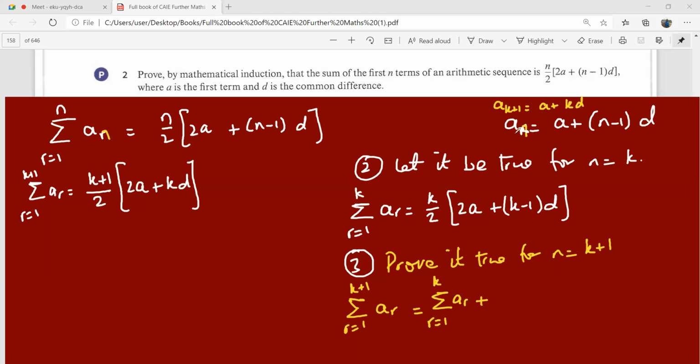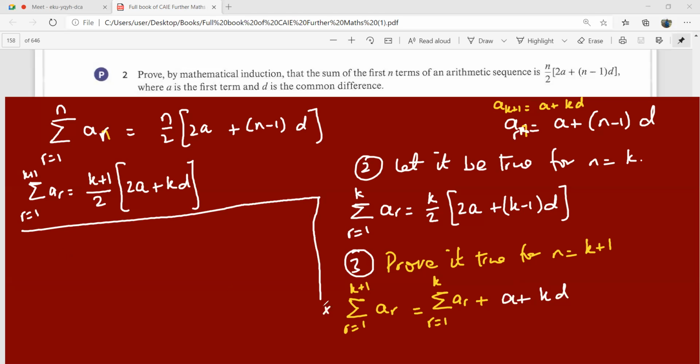Otherwise, I think it is good enough. So I'll be writing here a plus kd. This is the sum up to k terms, and this is the k plus 1th term. Let's do some algebraic manipulation here.